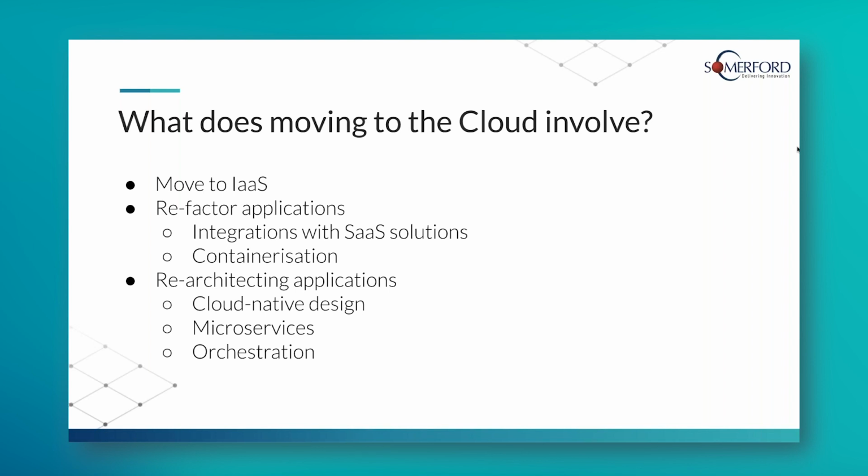And as that evolves and continues, then you might be starting to look at being more cloud native, designing applications specifically to leverage the advantages and tool sets available in the cloud. Cloud native design using microservices and orchestration technologies to manage it all.